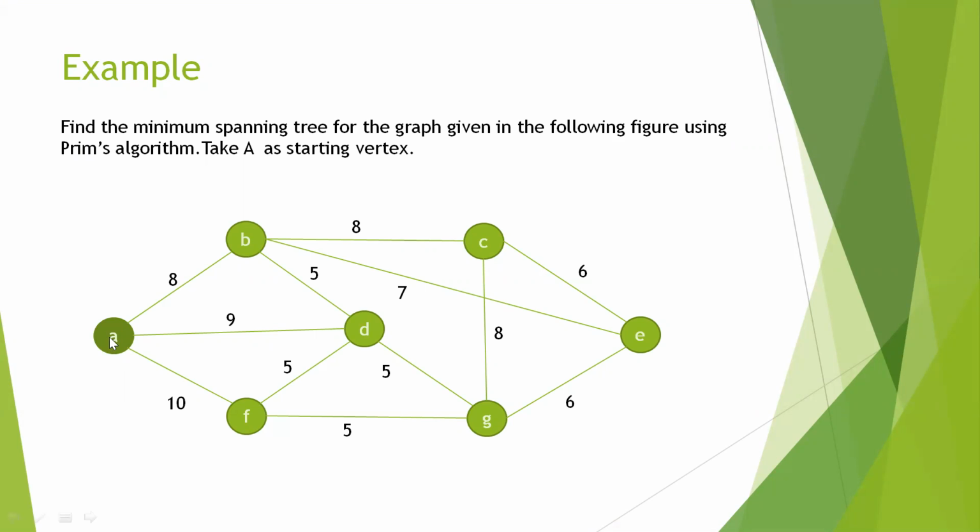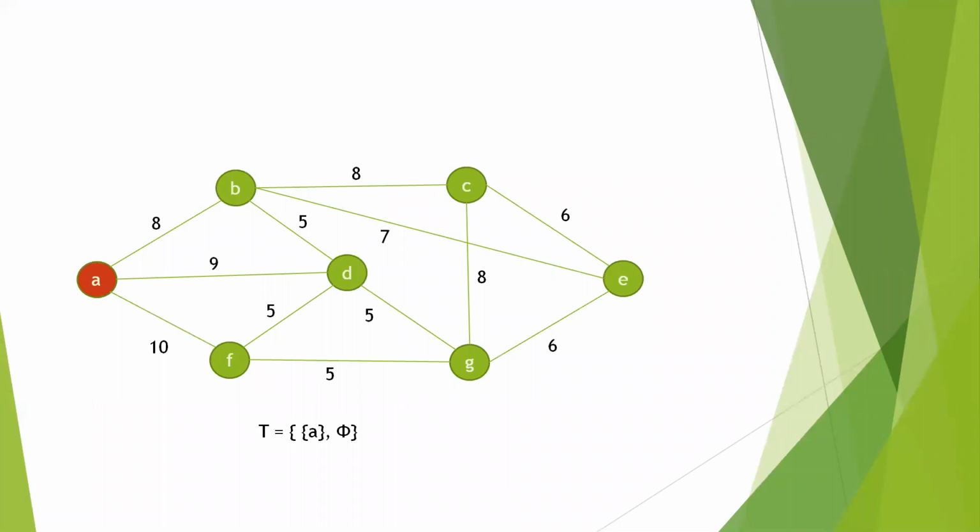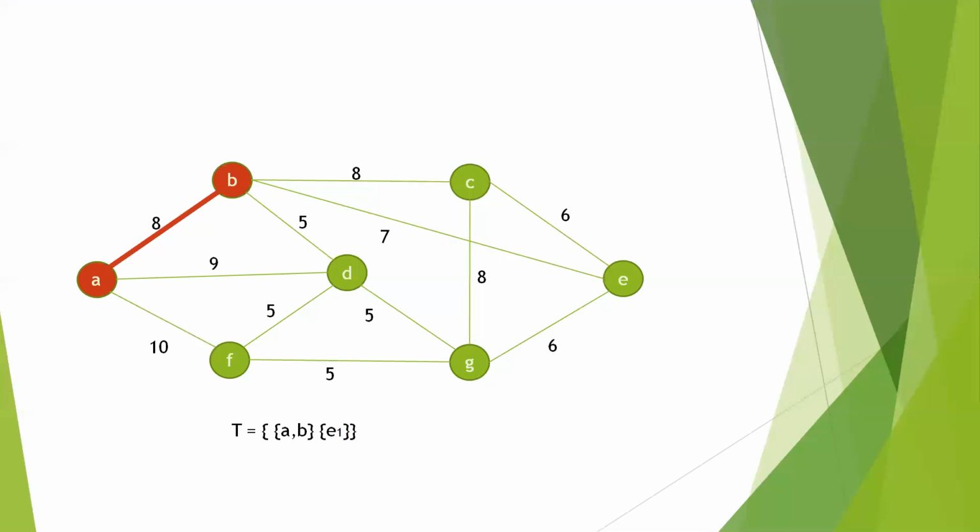So the starting vertex is A. Vertex A is adjacent to the vertices B, D, and F. Among these edges, the minimum weight is 8, so the starting vertex is A and the next vertex is B, because A to B, the edge weight is 8 only. So the new vertex is B and its edge weight is equal to 8.